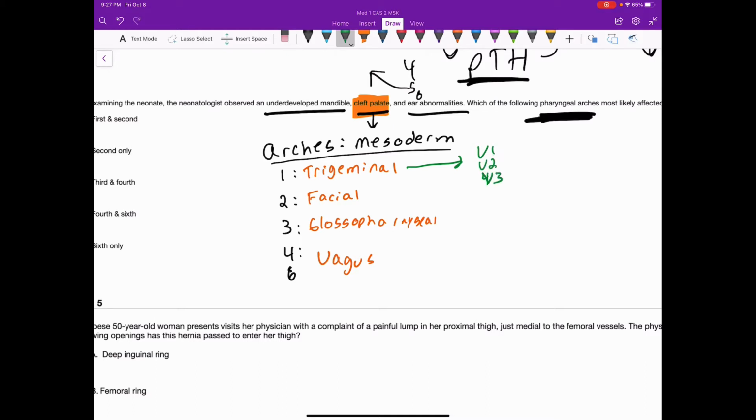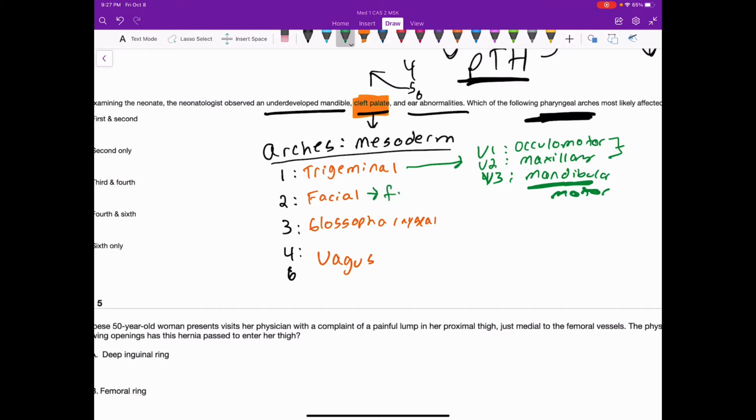V1 is ophthalmic. What is V2? Maxillary. And what is V3? Mandibular. So mandibular is the only motor nerve for the trigeminal branch. These 2 are sensory.